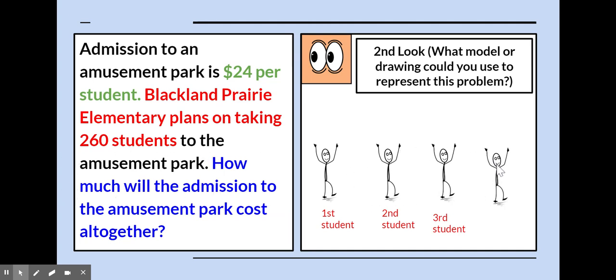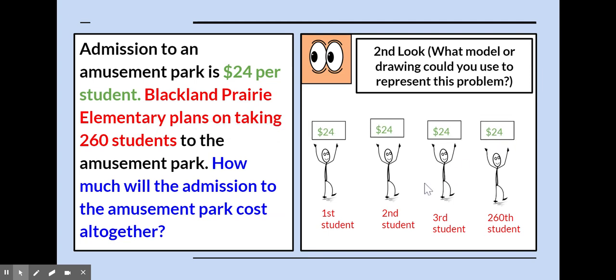We're going to label this one the 260th student. And from our first look, we know that each one of these students is paying $24. So this student is paying $24. This student is paying $24. This student is paying $24. And the 260th student is paying $24.